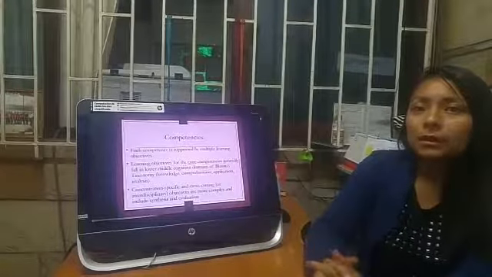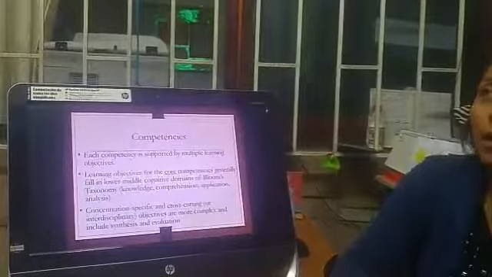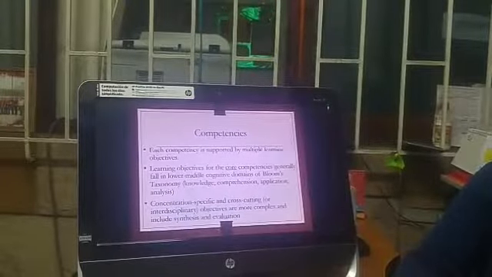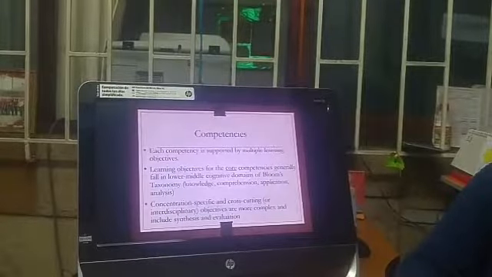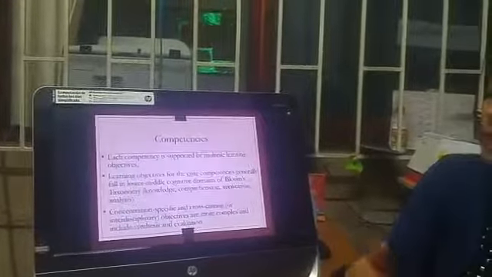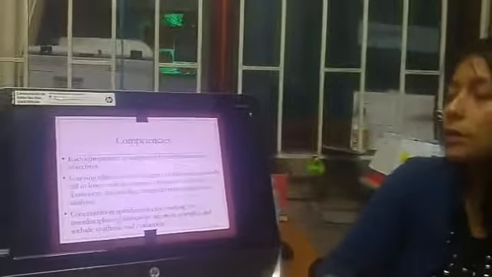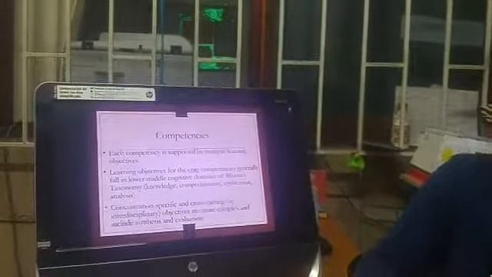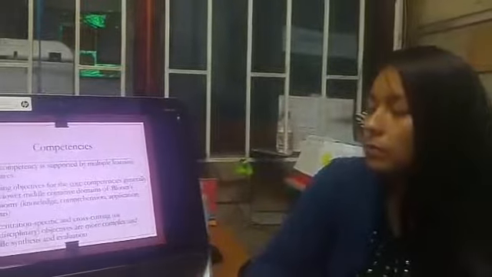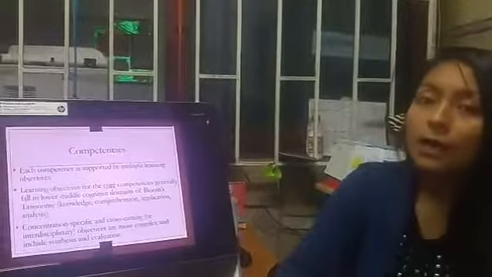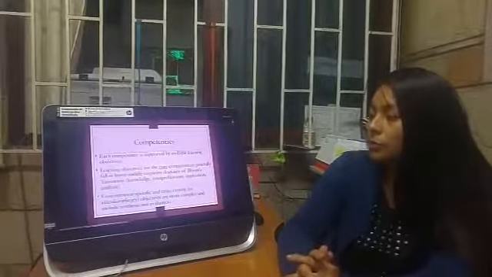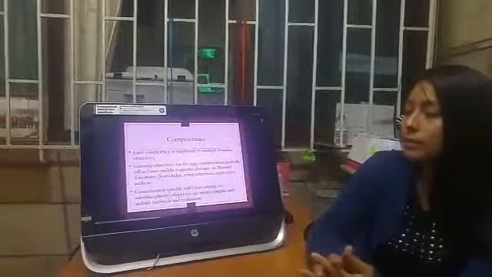The competence strategies. Each competence is supported by multiple learning objectives. The learning objectives for the core competence generally fall in the lower and middle cognitive domains of Bloom's taxonomy: knowledge, comprehension, application, and analysis.